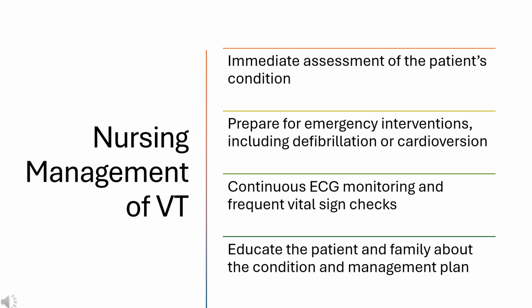Provide information about lifestyle modifications that may help to reduce the risk of future VT episodes, such as avoiding caffeine, reducing stress, and adhering to prescribed medications. Inform the patient and family about the importance of follow-up appointments to monitor the patient's cardiac health, and encourage them to report any new worsening symptoms immediately.